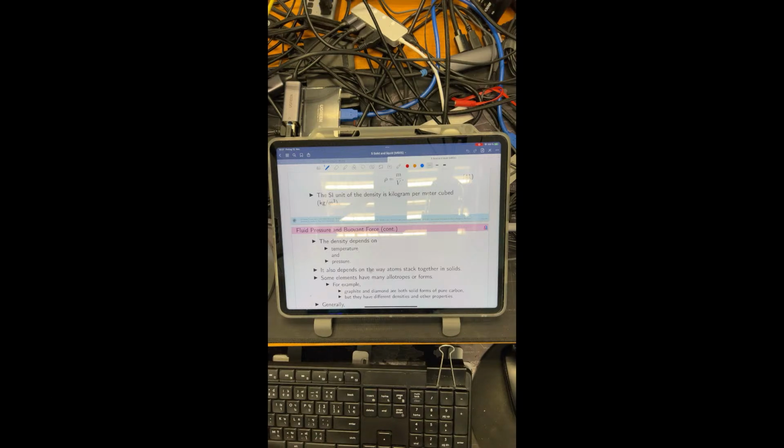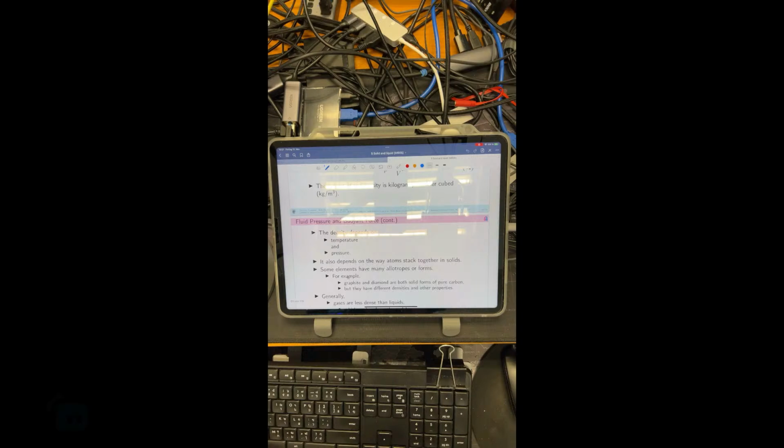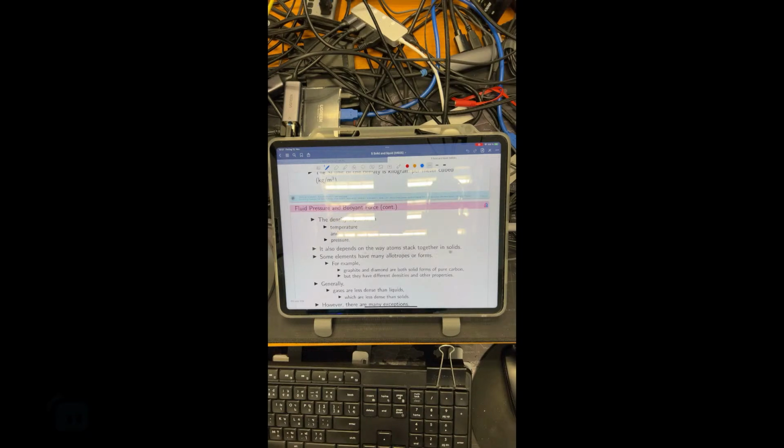It also depends on the way atoms stack together in solids. Even if the temperature and the pressure are the same, we may have different density values for the same kind of element. For example, carbon. We will talk about it later.